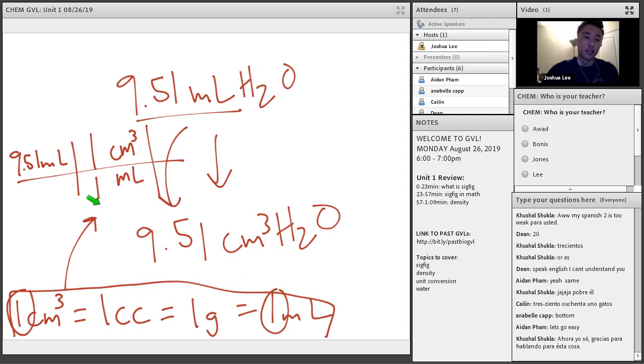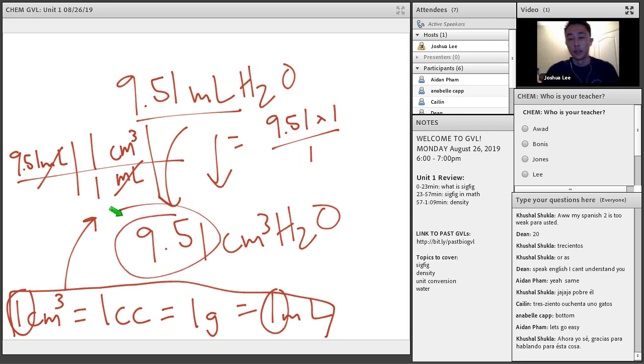The milliliters cancel out, leaving you with, if you wanted to show all of your work, 9.51 times 1 over 1, which is just the same, 9.51. So that's just something special about water, where water has that 1 centimeter cubed, same as 1 cc, 1 gram, 1 milliliter.